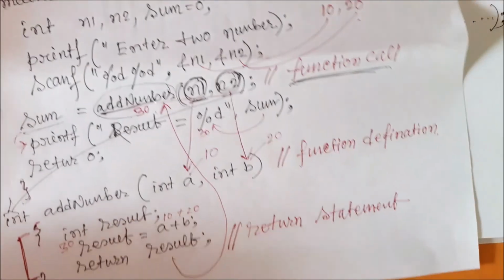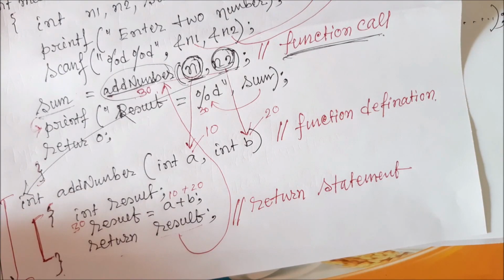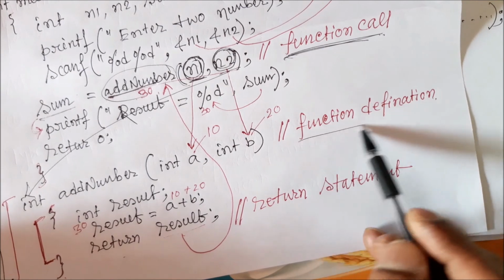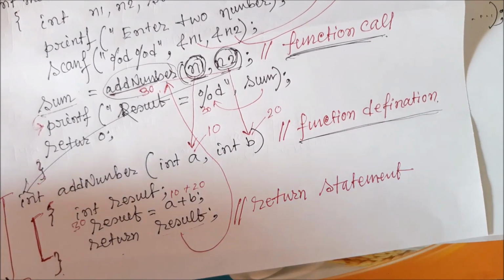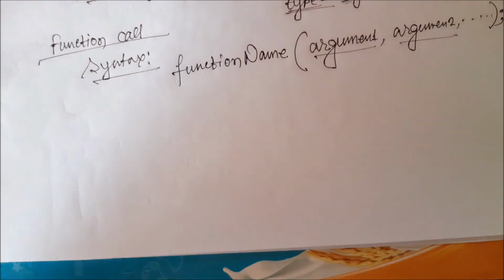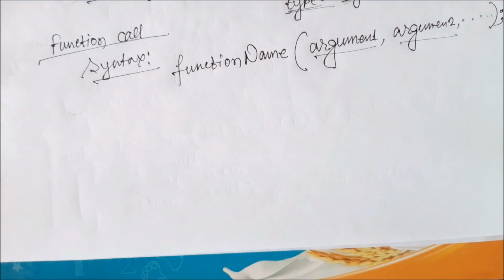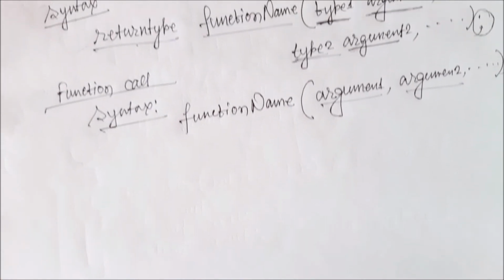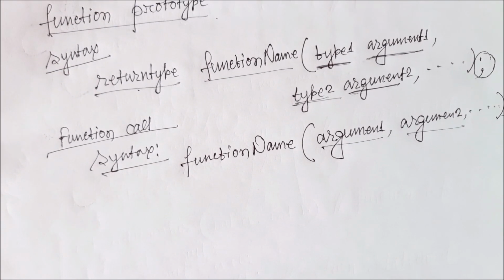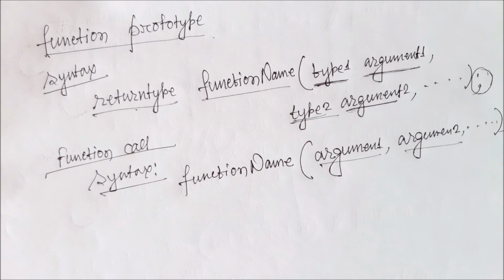So now the next thing, which is more important to understand in functions, is the function definition. What does the function definition actually mean? The function definition contains the block of code to perform a specific task. I just told you about the definition of a function.